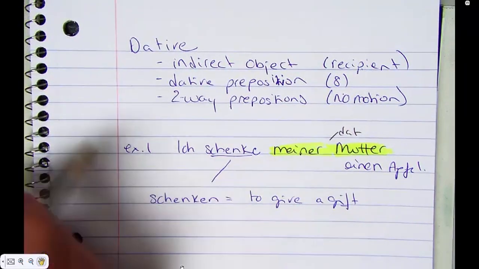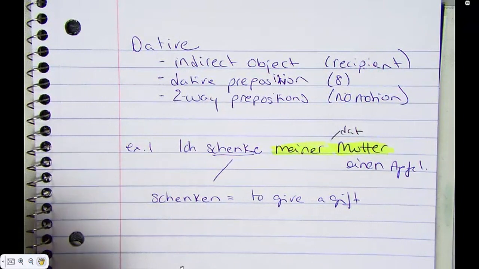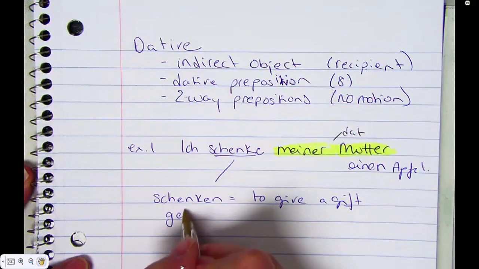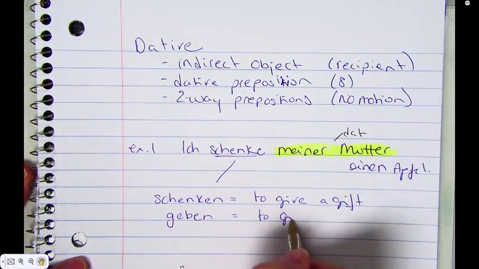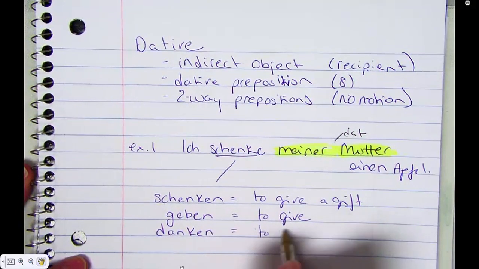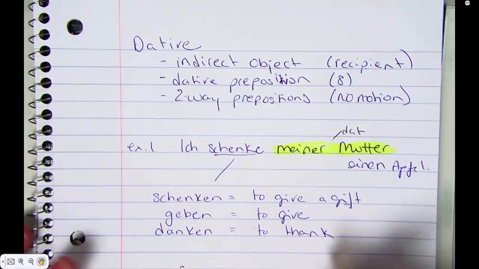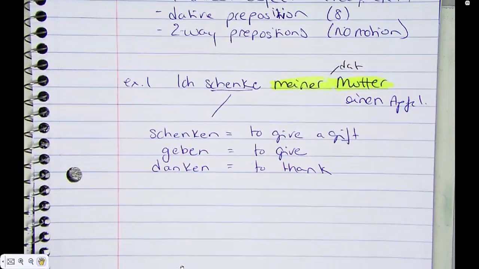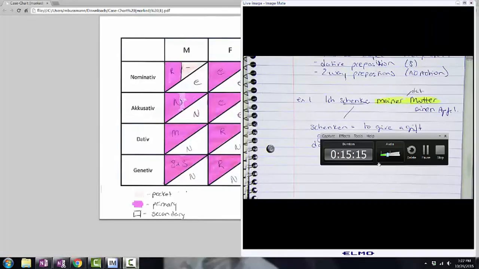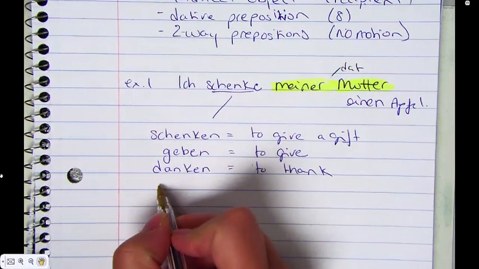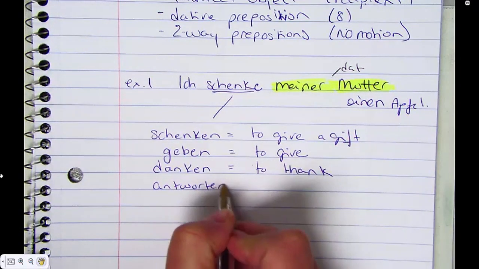Schenken is one of the many, many dative verbs you guys learned. So dative verbs are verbs that specifically take dative case. They either have to have a recipient or they're just weird in some way that in German we make them dative. Another one is geben, to give. Danken, to thank. So think of it as you're thanking someone, so there's a recipient. Okay, another one would be antworten, to answer.